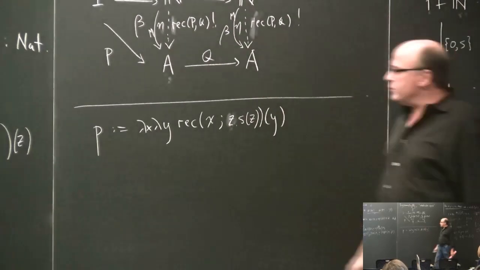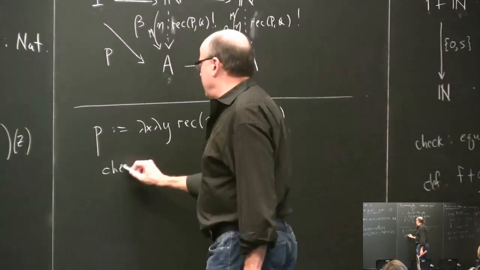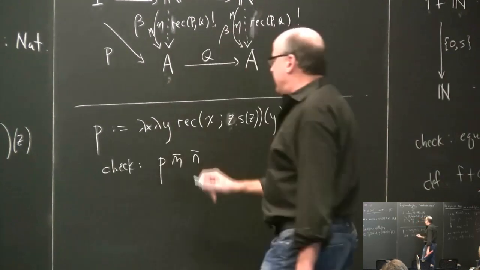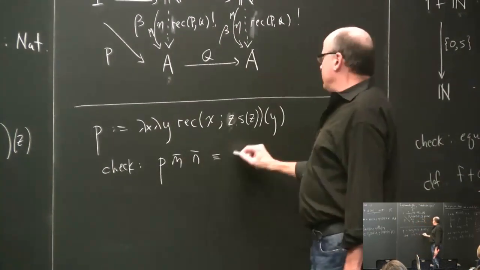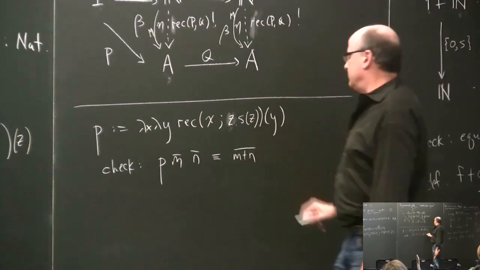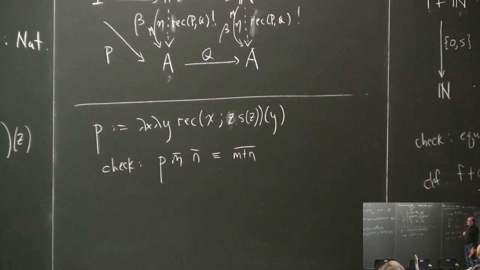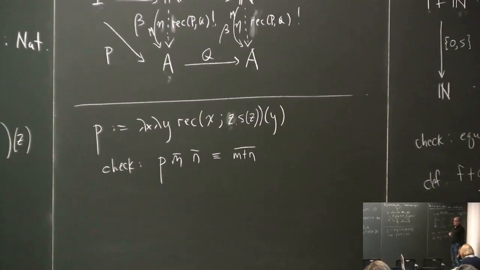And you can check easily that if I run p on numerals, that's going to be the same as the numeral for m plus n. In other words, it really will be doing addition. Okay, so that's the first thing I want to mention.